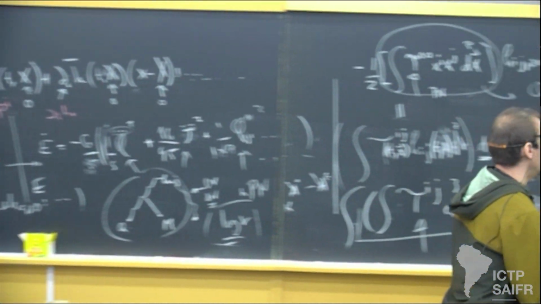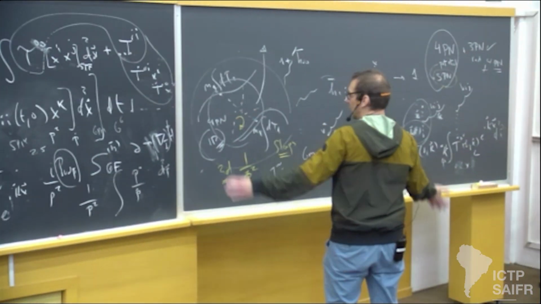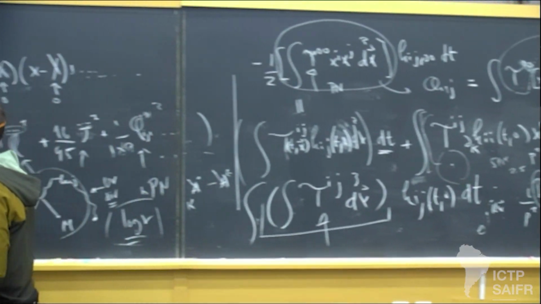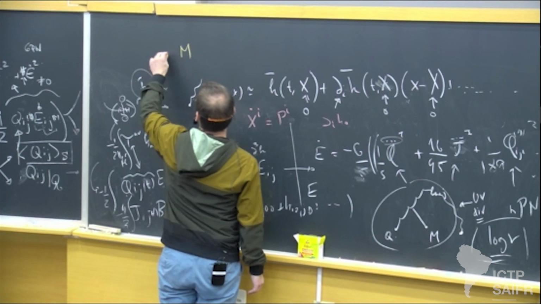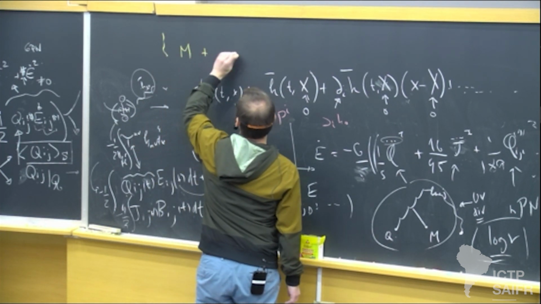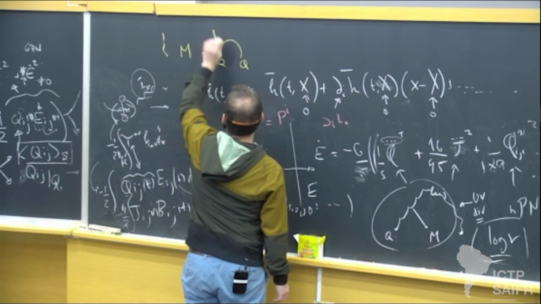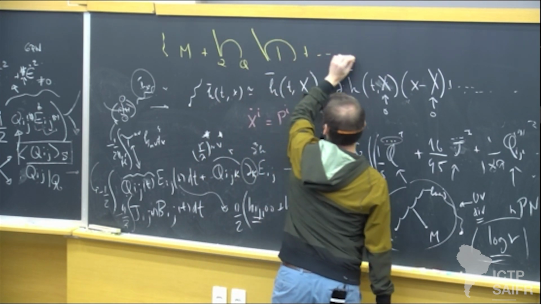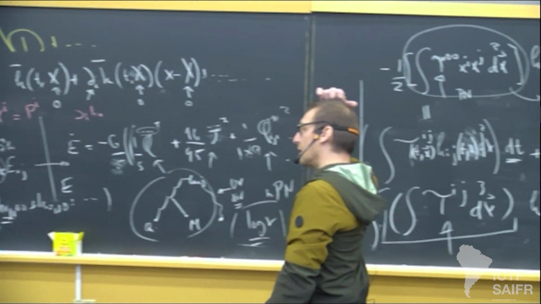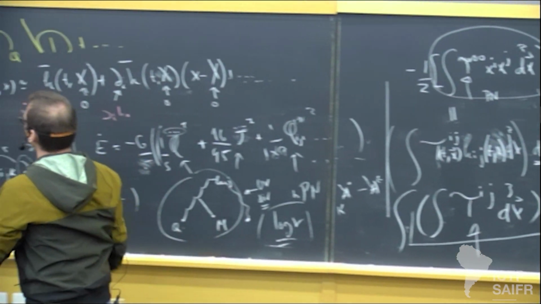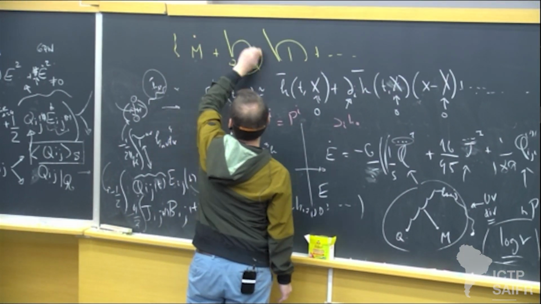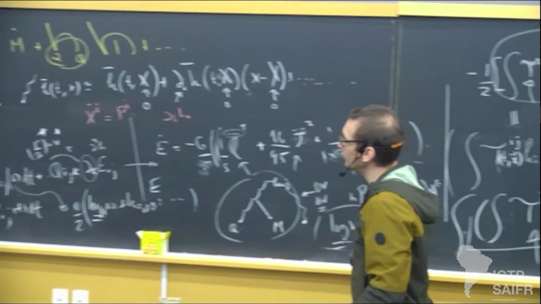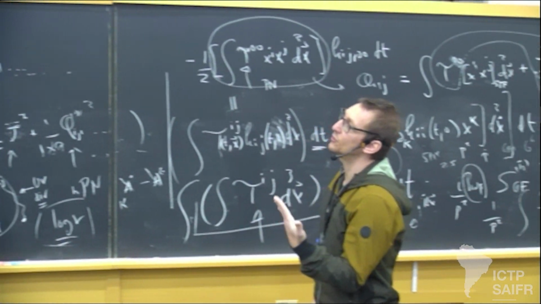Because if you look at the full theory with everything, we have a conserved T mu nu, and that conserved T mu nu will have an M from this guy, plus things like QQ coupled to this. And the fact that the T mu nu is conserved means that the dot of this will have to be QQ, and that's precisely the radiation, right? So those M need to move.